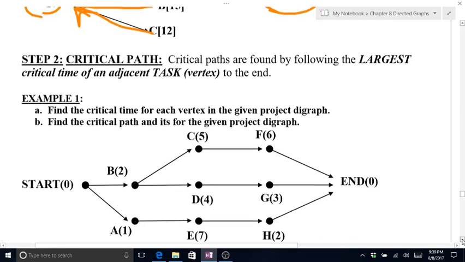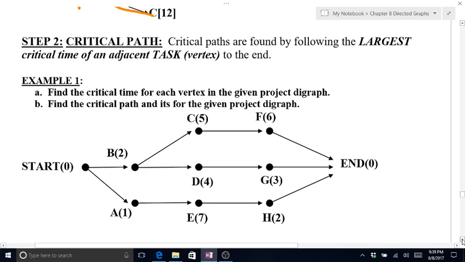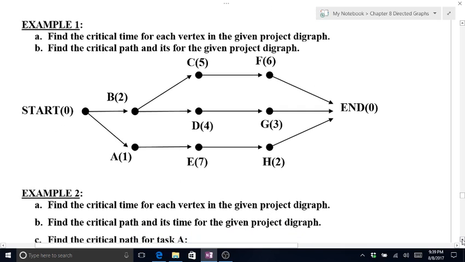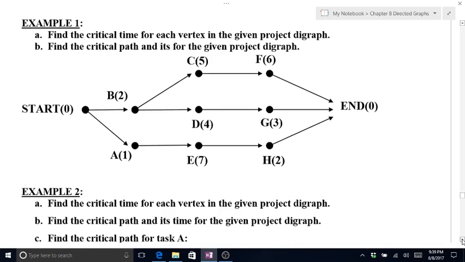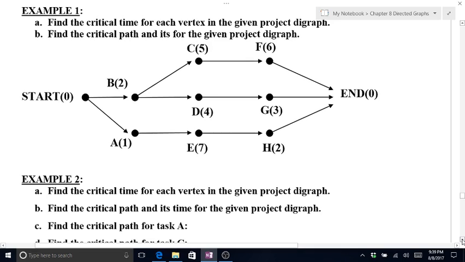So let's jump down to example 1. Find the critical time for each vertex in the given digraph. Find the critical path in the given project diagram. So we're going to start at the end. Okay, let's work backwards.